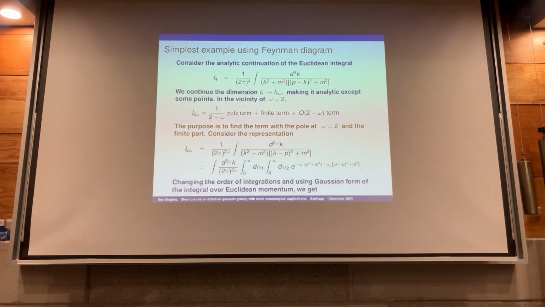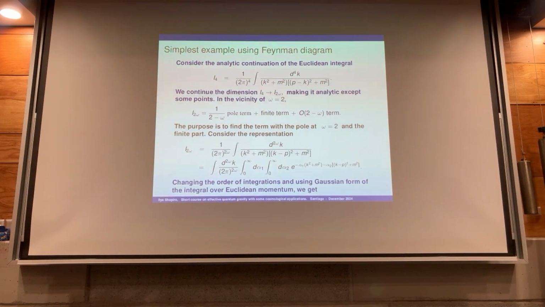So the typical integral you have to evaluate is this one. You see this is exactly the same loop, and the external momentum is P, and the integral is over K. So this is I4, and you can calculate this expression in any regularization.